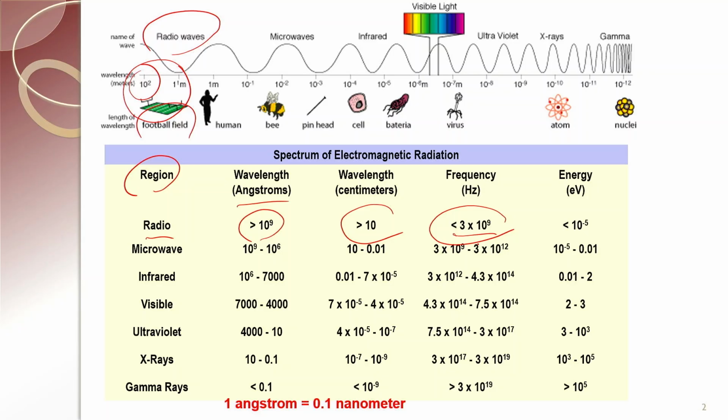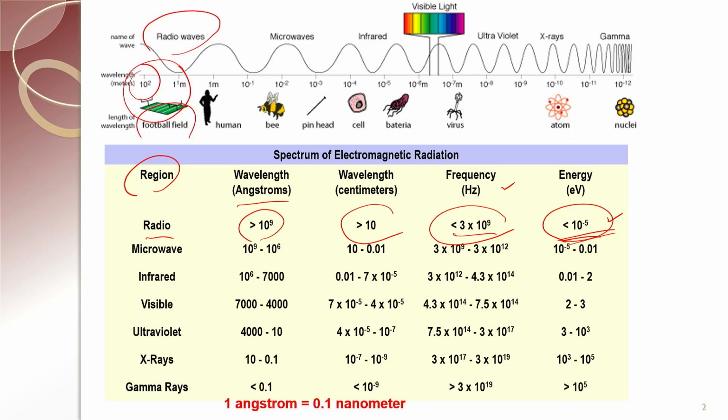So, that is the wavelength and the frequency here, and as the frequency is low, the energy radio wave is carrying is very low. So, from the radio wave we do not have that much health hazard, because the energy it is carrying is very low, less than 10 to the power minus 5 electron volt.